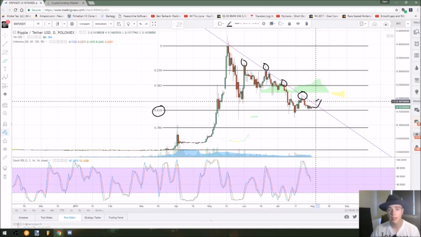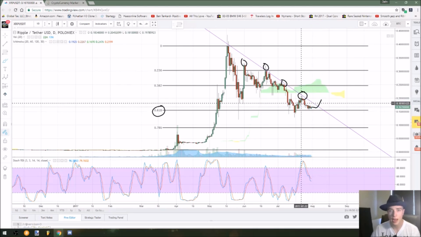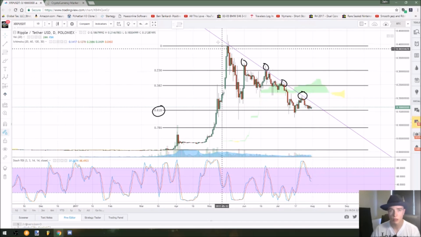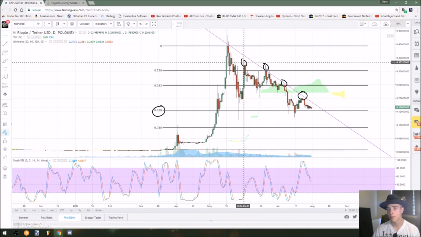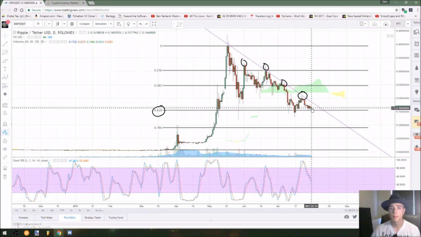If we can break above descending resistance, I would expect a fall back onto where we broke out of. So I'd expect it to fall right back onto the 618 Fibonacci, due to a lot of bag holders that have been buying all the way down. They're in the negative on their position, and so they're just going to get out as soon as they have a chance to.